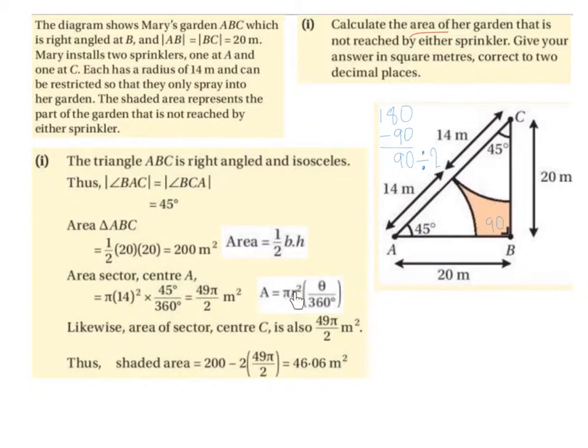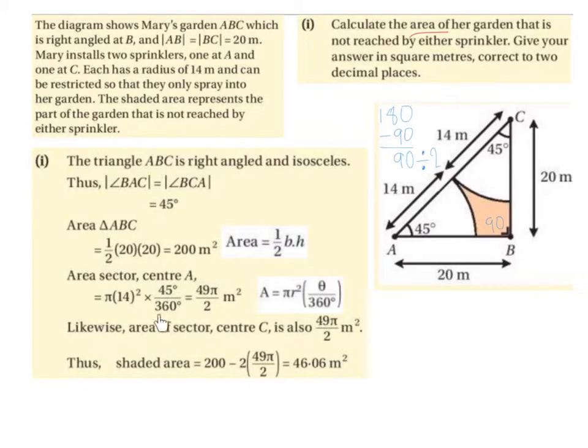The r represents the radius, and the radius of our sector is 14. So we swap the r for 14 with brackets around it, and we swap angle theta for 45 degrees. So we've got 45 over 360. Putting this into the calculator gives us 49 pi over 2 meters squared.